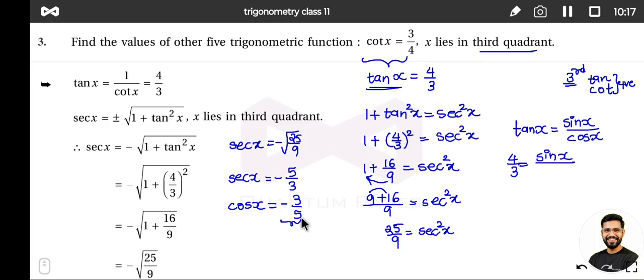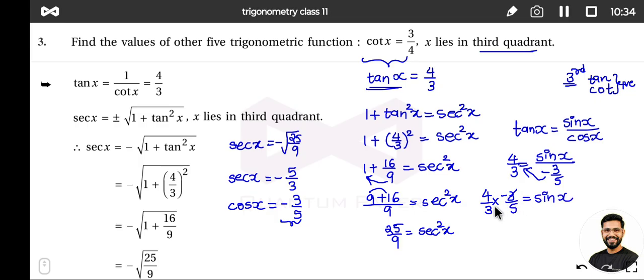Cos x is nothing but minus 3 upon 5. So we'll do the cross multiplication. This minus 3 upon 5 you have to multiply with 4 by 3. So 4 upon 3 multiplied by minus 3 upon 5 is equal to sin x. So this 3 and 3 will get cancelled. So what will remain? Minus 4 upon 5 is equal to sin x.